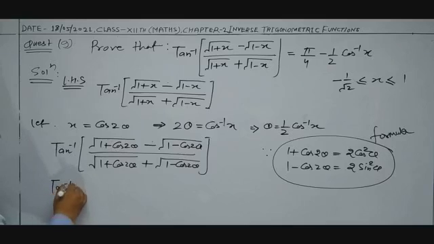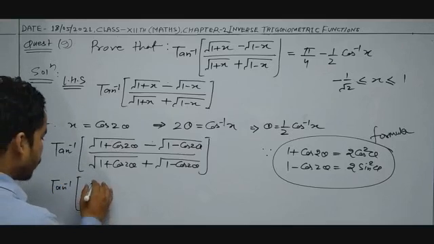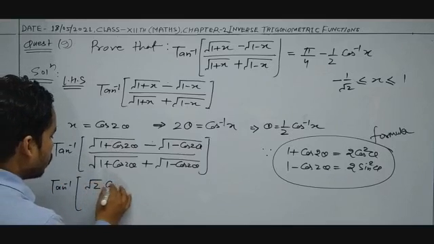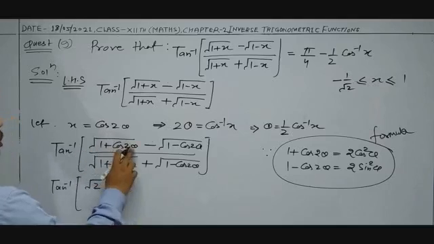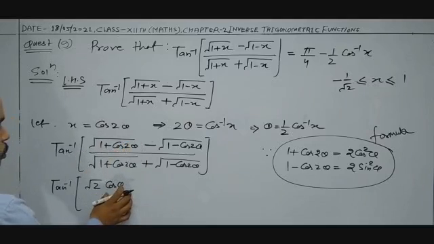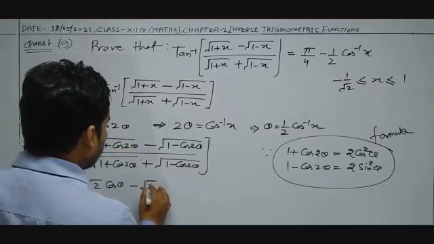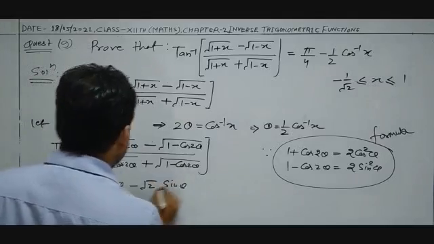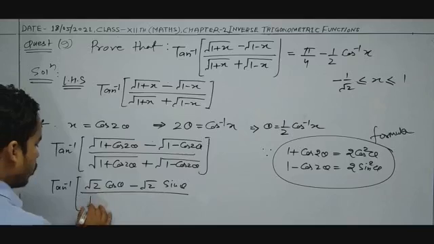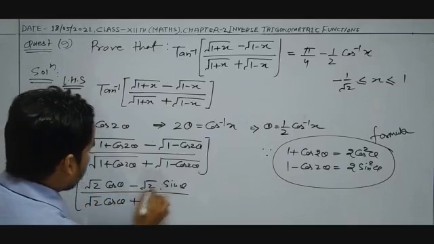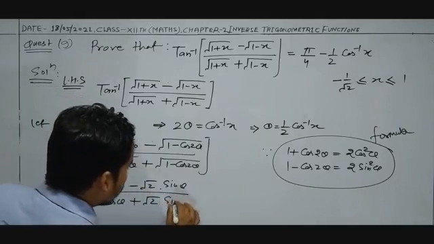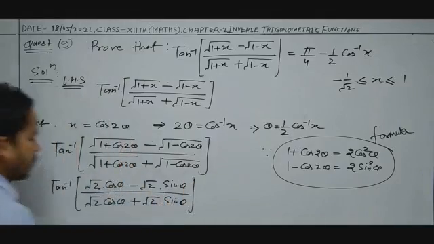result tan inverse of root 2 cos theta minus root 2 sin theta whole upon root 2 cos theta plus root 2 sin theta, as 2 cos square theta comes outside the root.